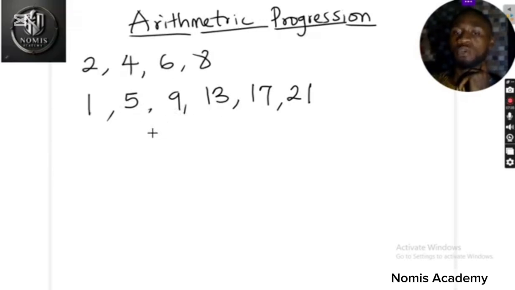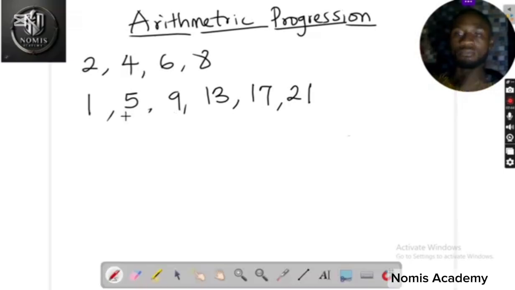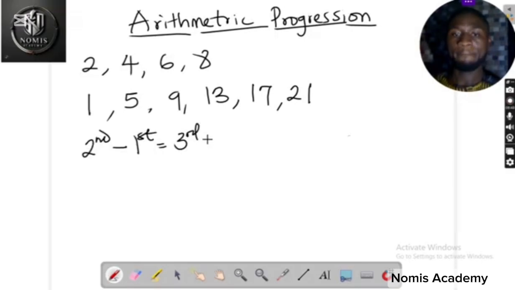It has to be common. Are we getting it? For us to say that yes, it follows an arithmetic progression, there must be a common difference such that second term minus first term must be equal to third term minus second term and must be equal to fourth term minus third term.